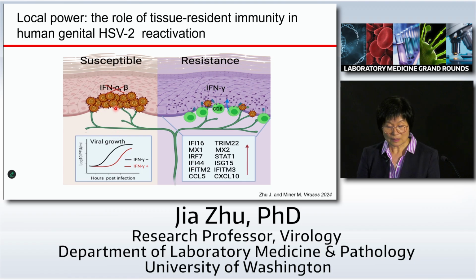In areas of skin lacking those TRM CD8 T cells, HSV can quickly disarm the type 1 interferon response and achieve productive infection and rapid viral growth, resulting in viral manifestation and lesion formation.